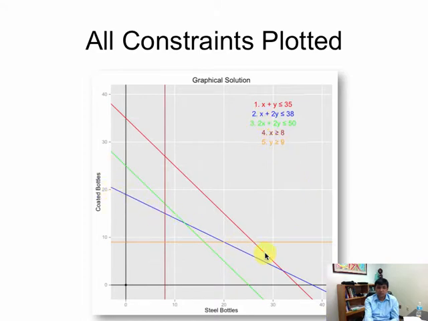Line number 2, constraint number 2, is blue, and it is drawn by x plus 2y equals 38. And line number 3 is 2x plus 2y less than or equal to 50, and so on.